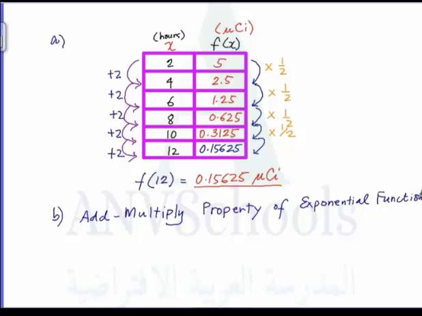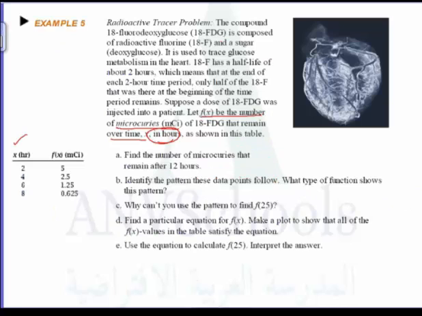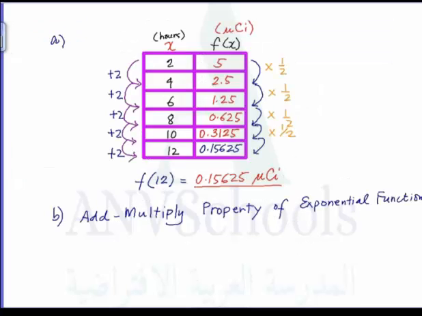Letter C. Why can't you use the pattern to find f of 25? Now, as you can see, our pattern is add-multiply, meaning that for every x on the left side of the table, we are adding 2 units from the previous x value to get the succeeding x value.